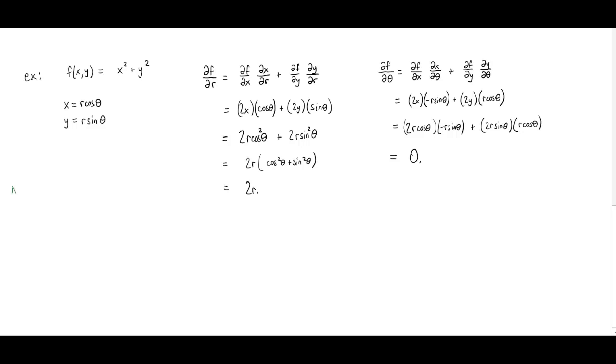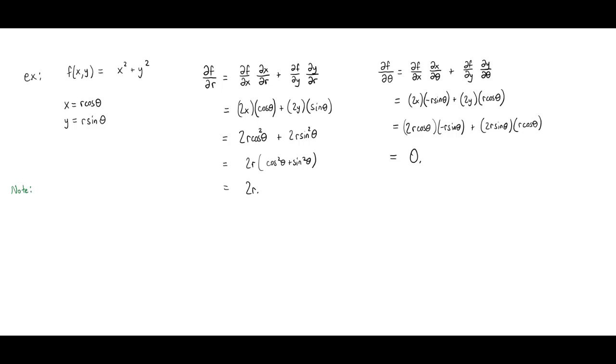Okay, so here I want to make an observation. Just now we computed our partial derivatives using the chain rule. Now, in theory, there's another way that we could have found the derivatives.